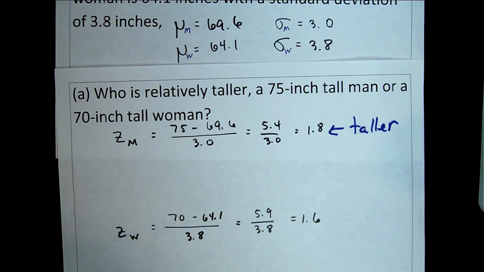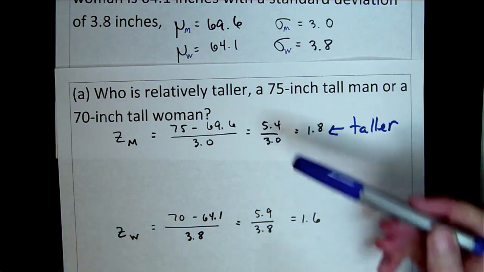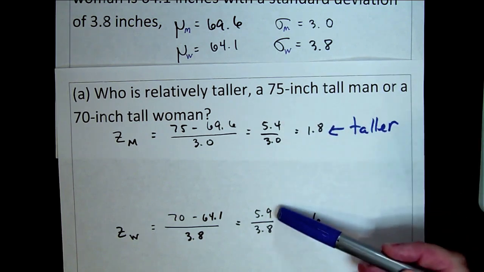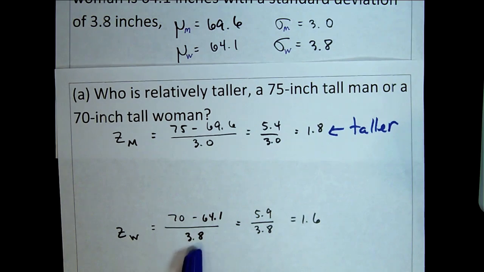It's interesting to notice, if you look at the numerators, he's only 5.4 inches taller than average. She's 5.9 inches taller than average. So at first glance you might think, well, she's tall, she should be taller for her gender. But notice that women's heights appear to be more spread out.